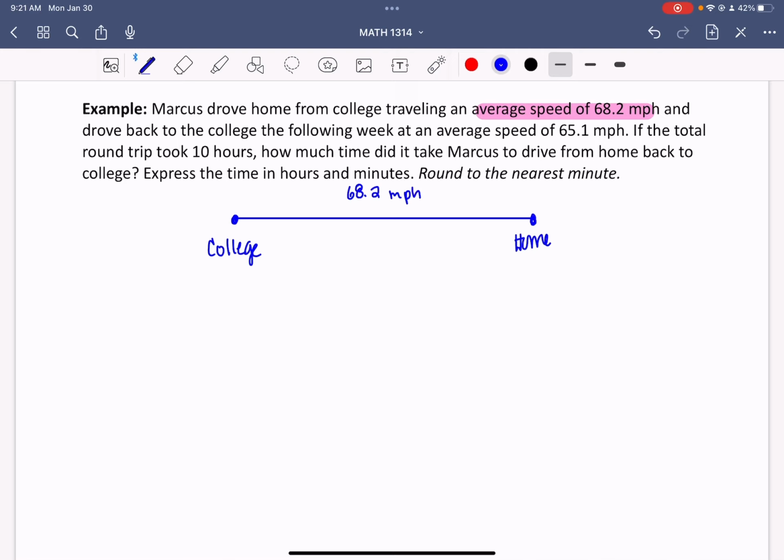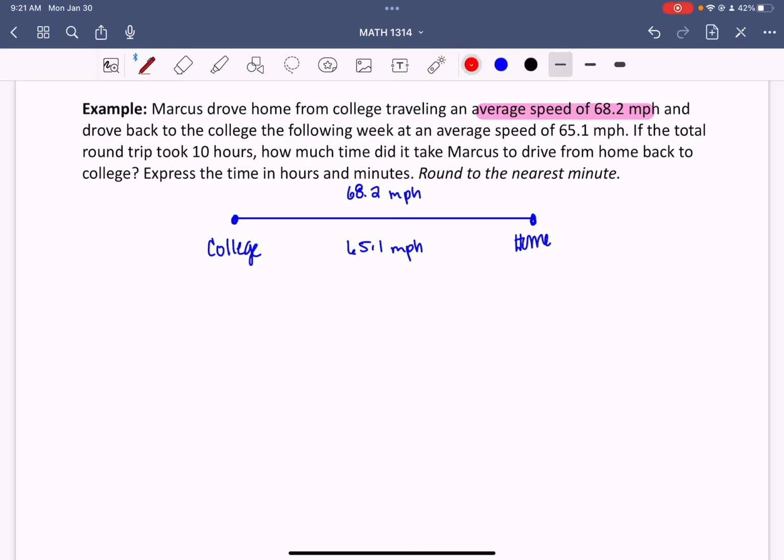And then it said he drove back to college the following week at an average speed of 65.1 miles per hour. So when he went from home back to college, he went an average of 65.1 miles per hour. If the total round trip took 10 hours, how much time did it take to drive one of these directions?